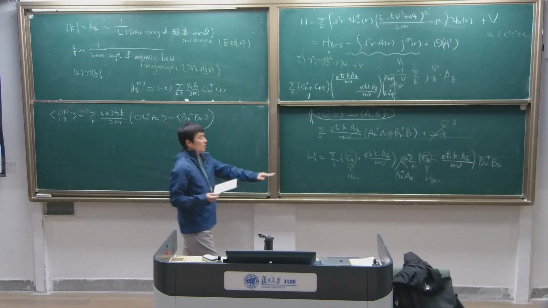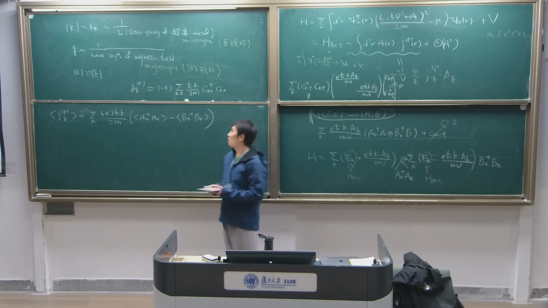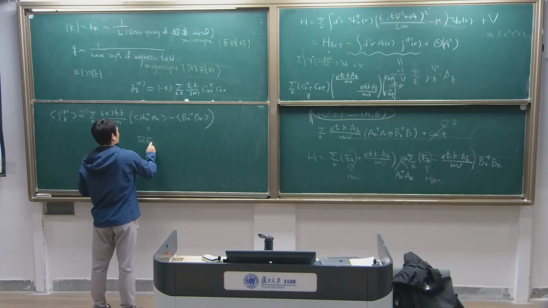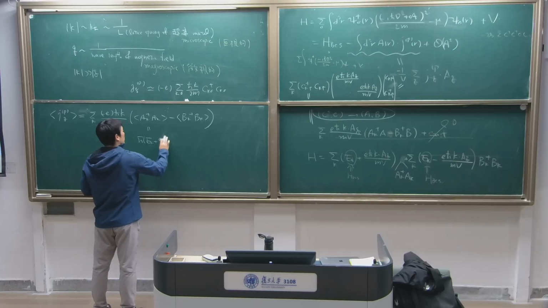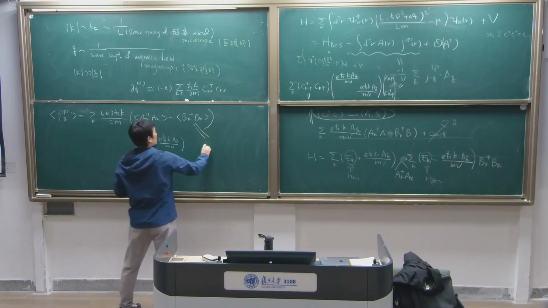We already know this one has the energy E_K plus this quantity, and this one is the environment.